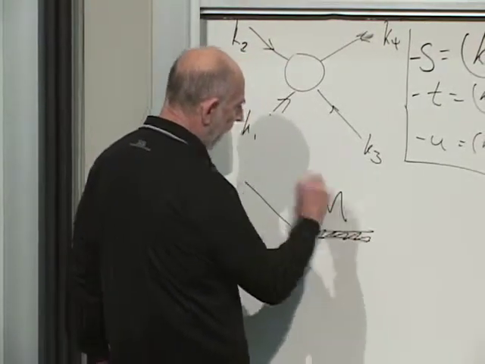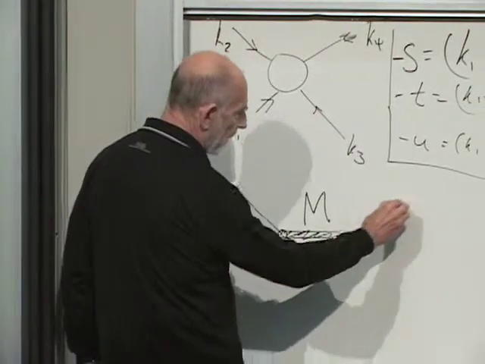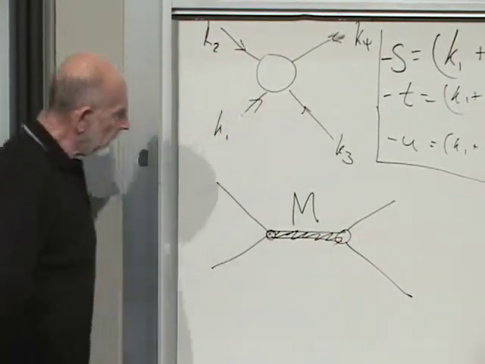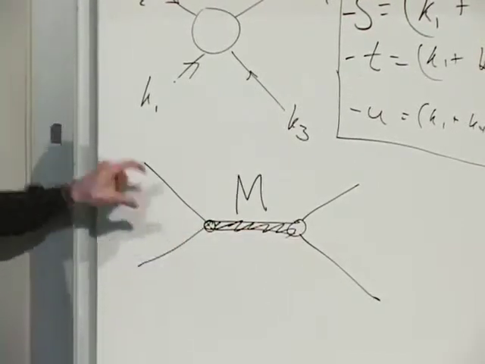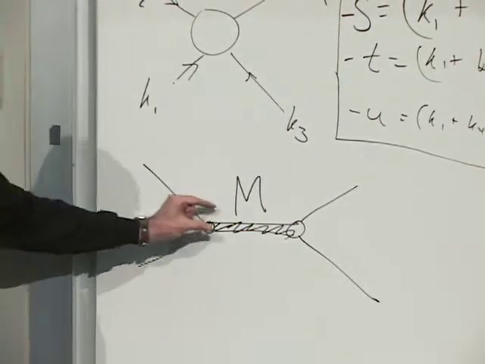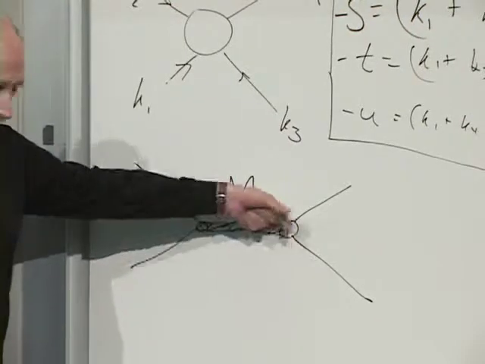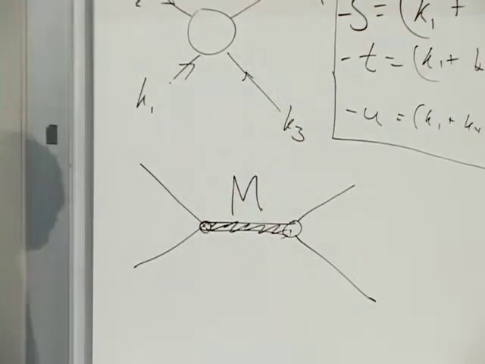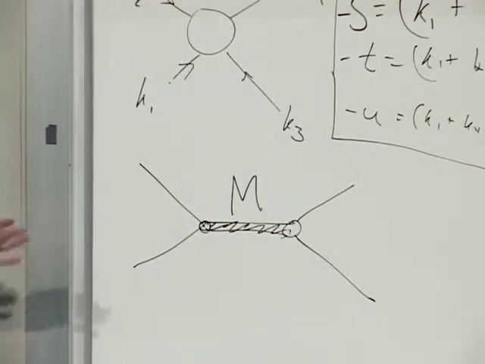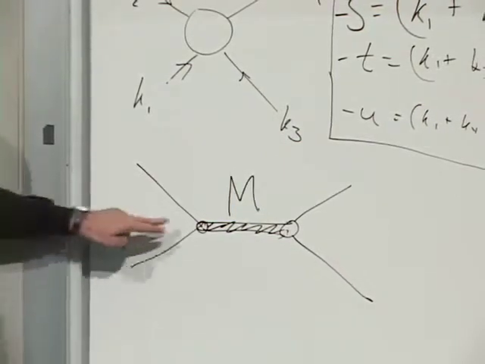Let's call it capital M, and then those particles go out like this. They come in together, they coalesce to form a third particle, and then that particle decays and it goes out. That Feynman diagram has a value. I'm going to tell you what it is.